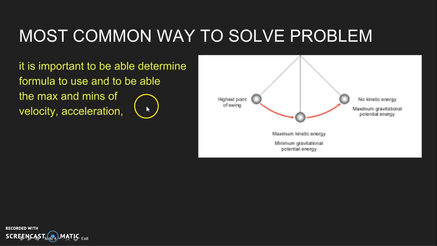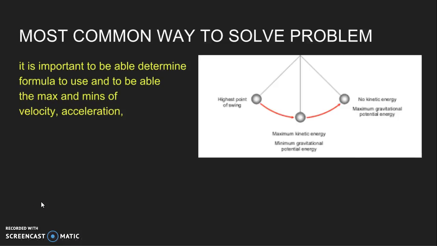For some reason, the words displacement and force are not showing up, but yes, this is the most common way to solve a problem by knowing the max and mins of displacement, velocity, acceleration, and force, and which formula to use to define the problem.